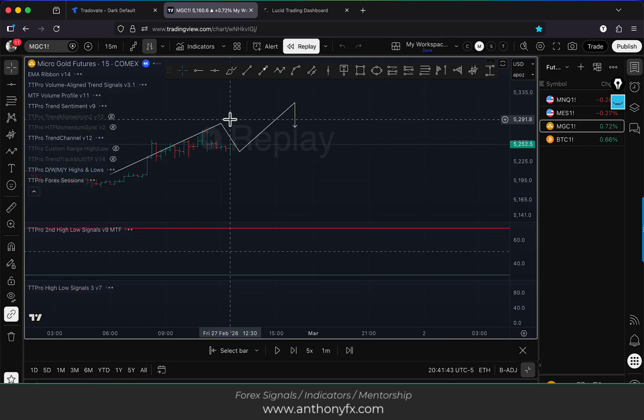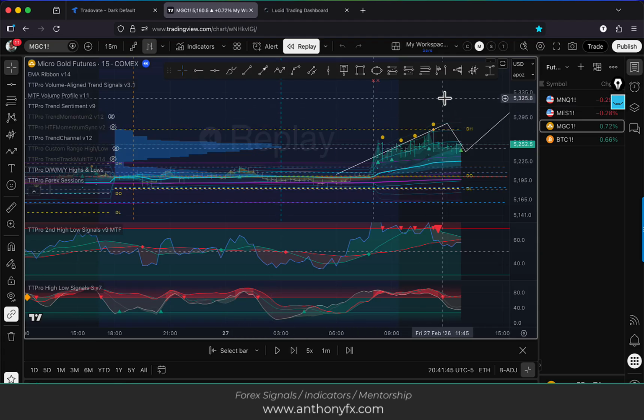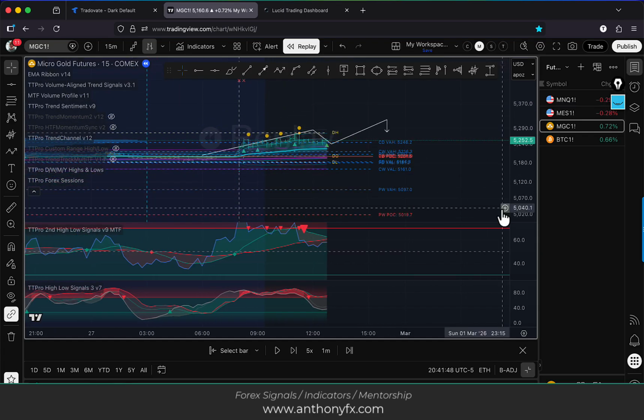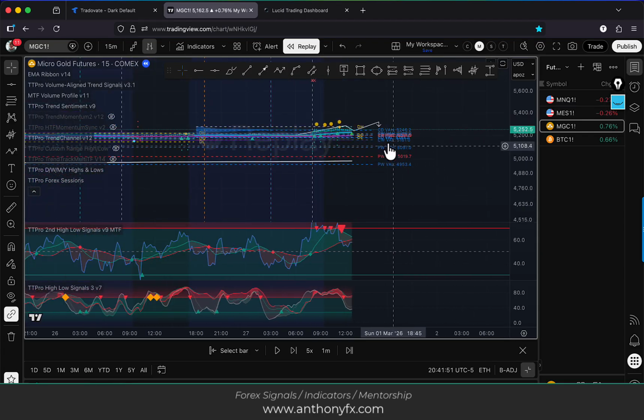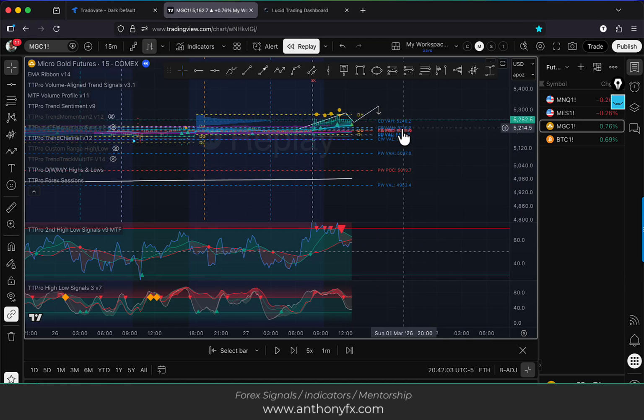So what you get is, what's this, 15-minute chart. See this? Look, I'll scrunch this up. See all of this. See how they're bunched together. So this is when the higher time frame is in a really nice strong uptrend. And you get the volume profiles, multi-timeframe volume profiles, they bunch together.